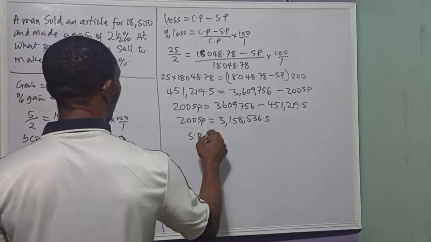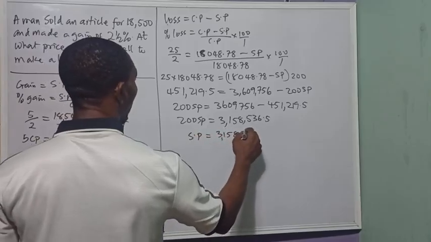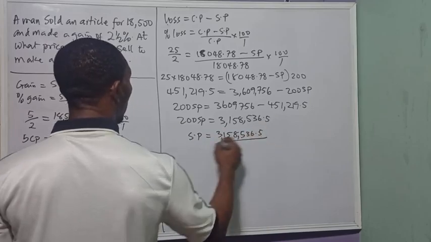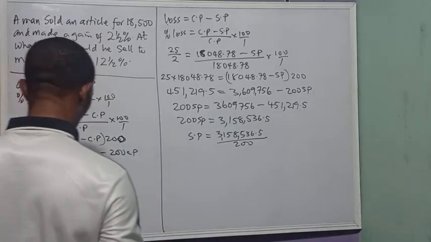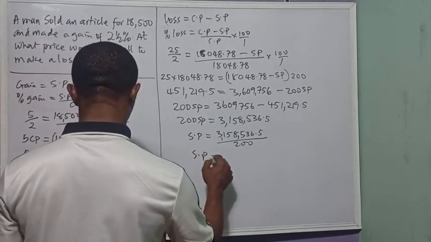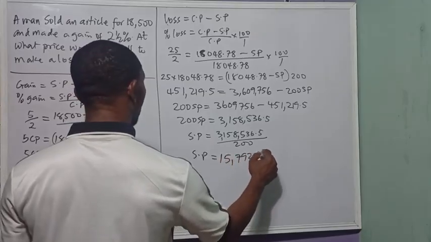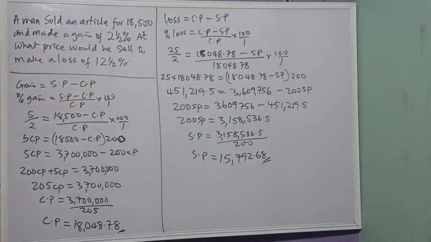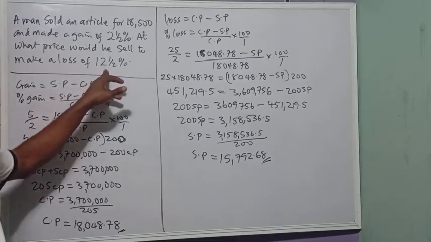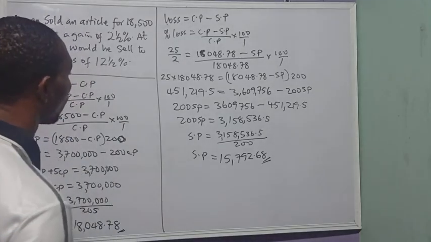So our SP, selling price, will be 3158,536.5 all over 200. So divided by 200, we have the selling price as 15792.68. Okay, so that will be the selling price to make a loss of 12.5%.